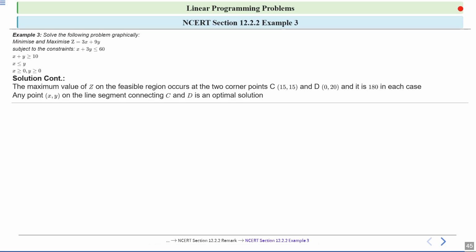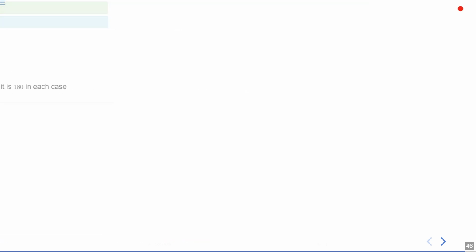So any point (x, y) on the line segment connecting C and D is an optimal solution. Clear? I hope it's clear to all of you. So that's all for today's lecture, and thank you very much to all of you.